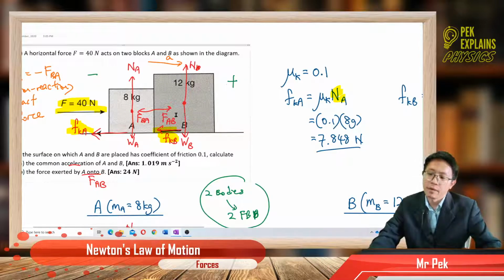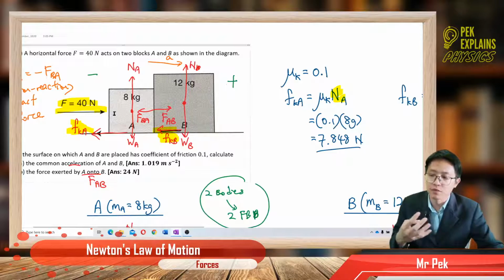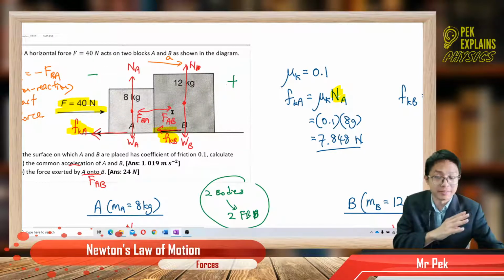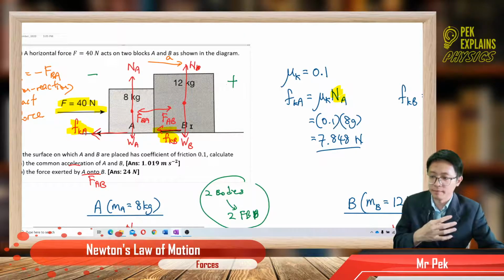FAB is actually acting on mass B, because block B experienced the pushing force from block A. A is pushing B to the right, isn't it? So A pushes B by force FAB. B feels that A is pushing him.